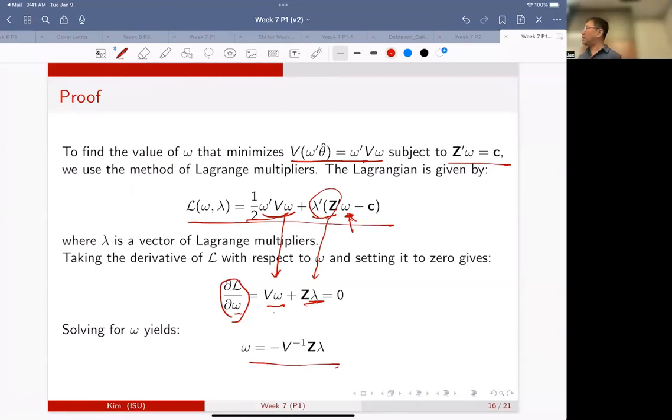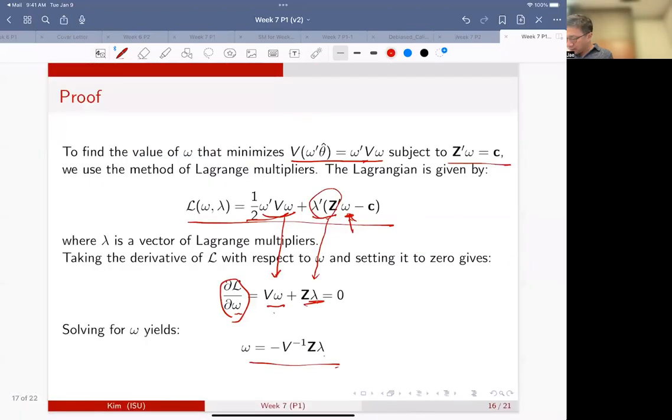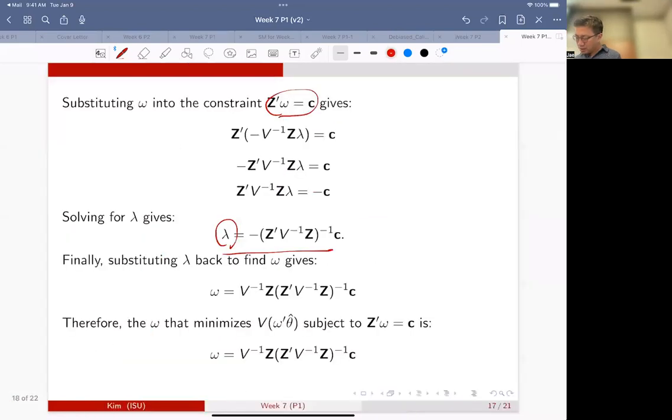So you now express omega in terms of lambda. And then you can obtain lambda by plugging into the constraint, right? Then you put this guy to here, and obtain the solution. So that is the result.